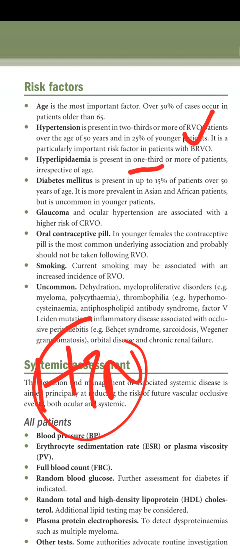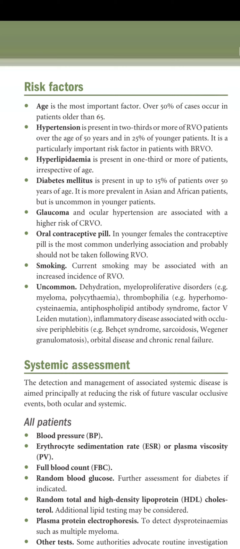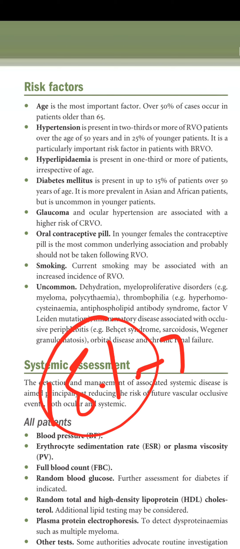It is a particularly important risk factor in patients with BRVO. Hyperlipidemia is present in one-third or more of patients, irrespective of age. So, hyperlipidemia is very important. Diabetes mellitus is present in up to 15% of patients over 50 years of age. It is more prevalent in Asian and African patients, but it is uncommon in younger patients.